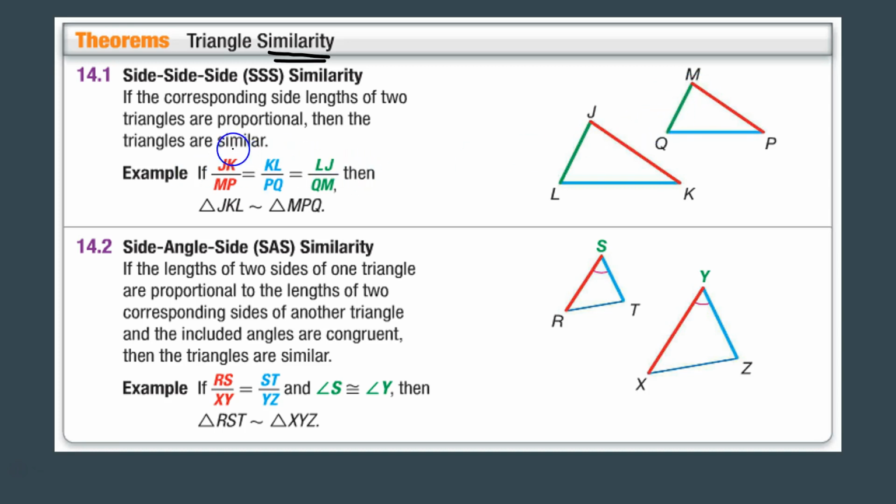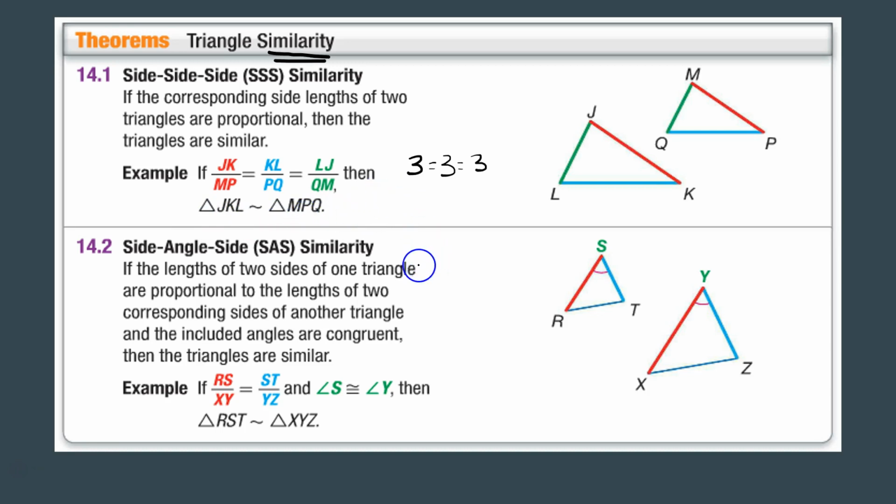So let's say that when you divide each of these numbers, we get 3 is equal to 3 is equal to 3. If these are all the same, then we know that they are similar, that they were all stretched or shrunk the same amount. So in our case right here, we know that JKL is similar to triangle MPQ.